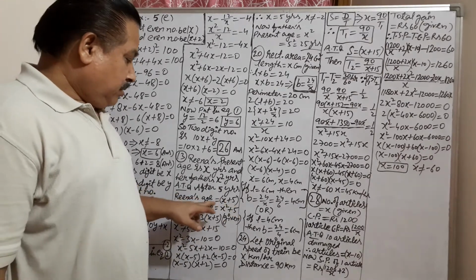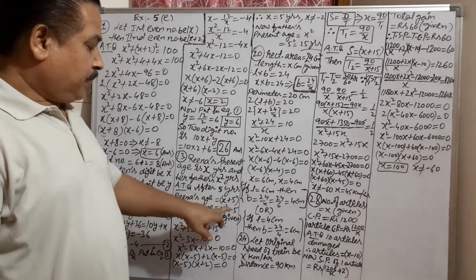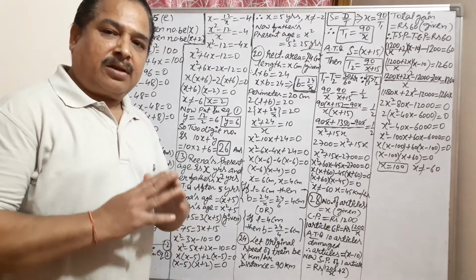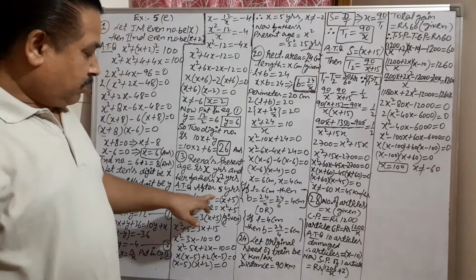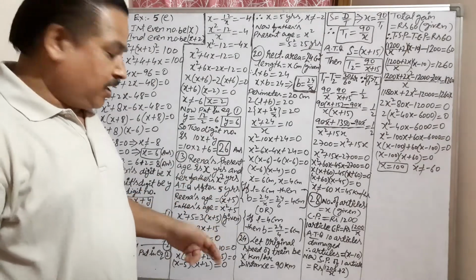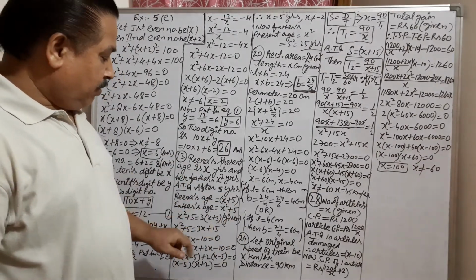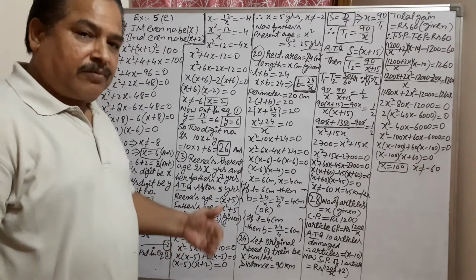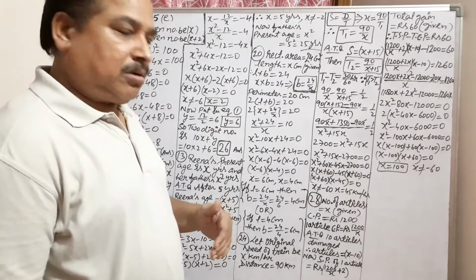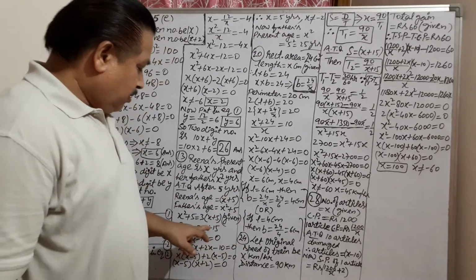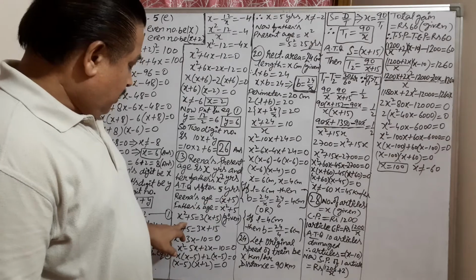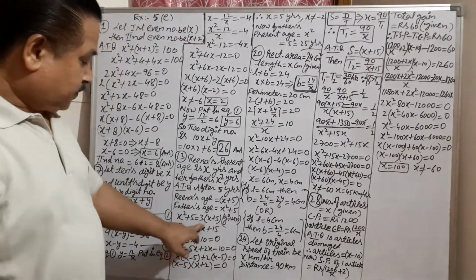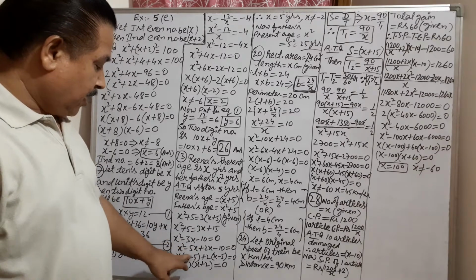After 5 years, Rina's age will be x plus 5 and the father's age will be x square plus 5. And after 5 years, the father will be 3 times as old as Rina's age. So the father's age equals 3 times Rina's age. Now open the bracket, again a quadratic is coming.